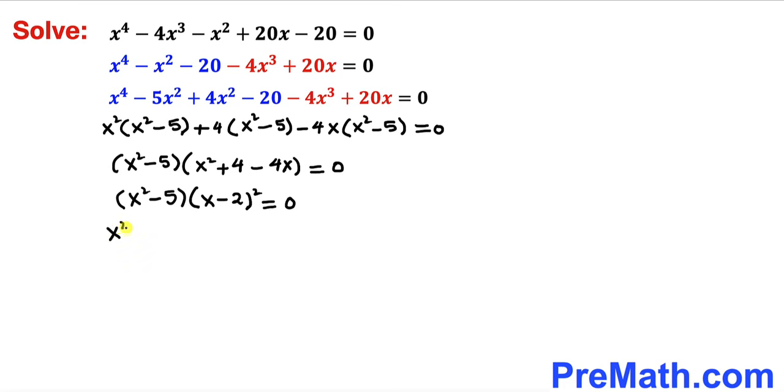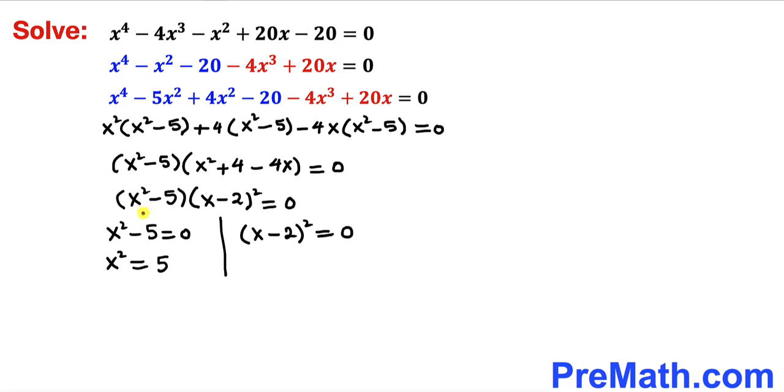I'm going to write down x^2 - 5 = 0, and the other factor (x - 2)^2 = 0. And now for this first equation, I'm going to move this -5 to the other side. So we can write x^2 = 5.